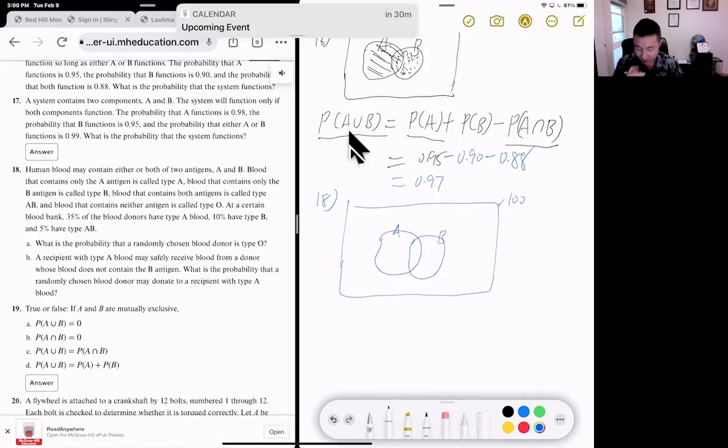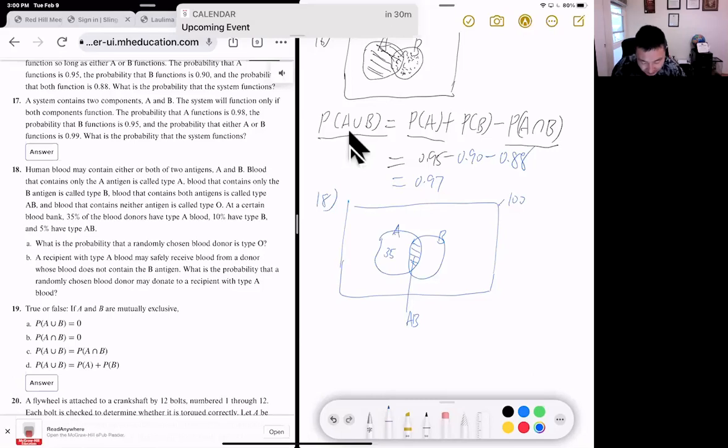However, 35 is not the whole circle of A because the intersection between A and B has a name. This is AB. It's called AB. So 35 is just here.